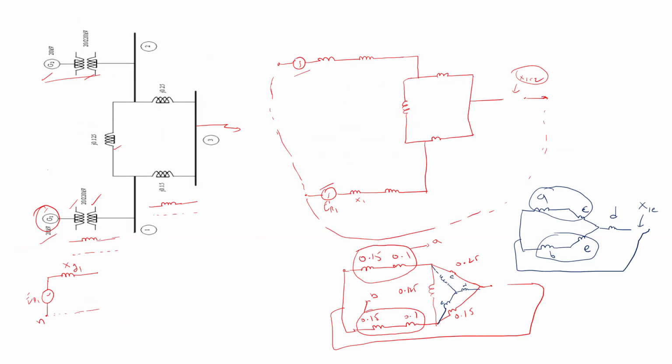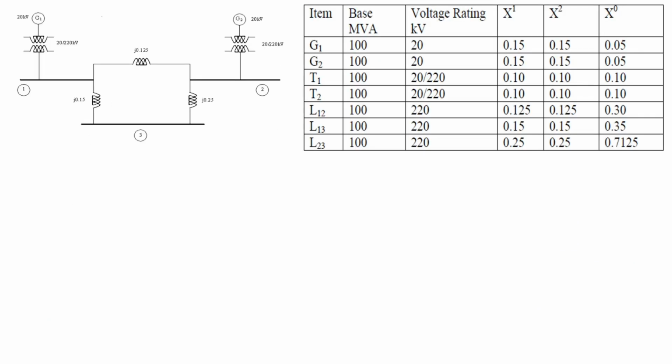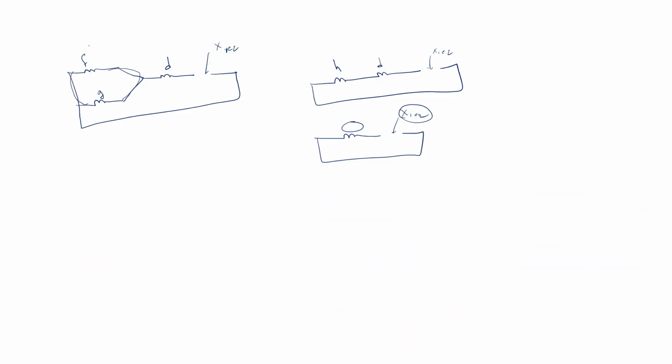So how much is it given? It is given here: 0.05 for generator, 0.1 is for transformer, 0.335 and 7.25 is for transmission lines.